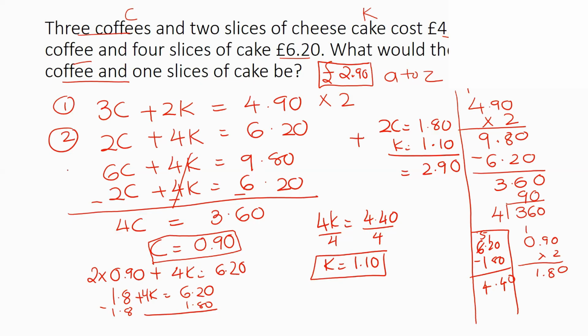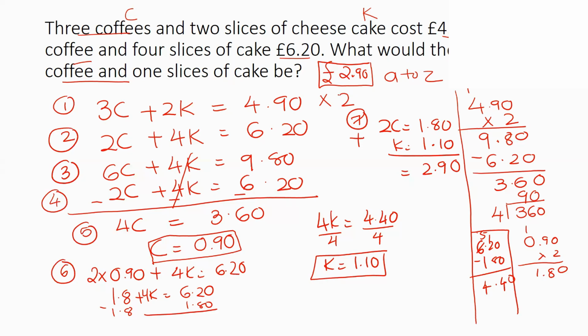Step number 4, our elimination. Step number 5, equating them. Step number 6, substituting. And step number 7, adding. So whatever they're asking, the combination, two coffees, one slice of cake, it might be three coffees, and so on.